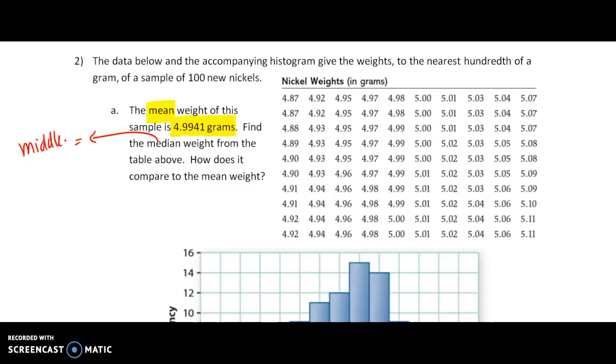If you think about this, I have 100 numbers listed in order from least to greatest. You go down each column. I want to find the numbers in the middle. There's 100 numbers, so since there's an even number, I know I'm going to have 2 numbers in the middle. Hopefully they're the same, right?